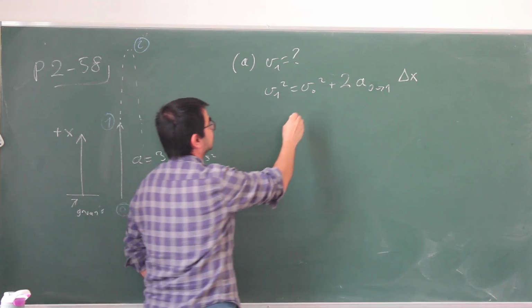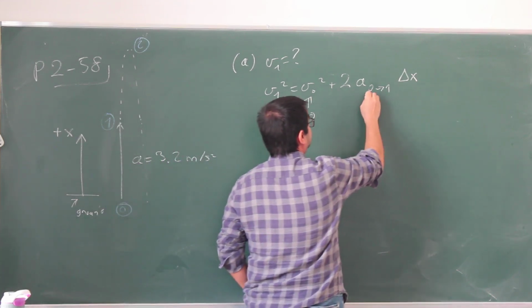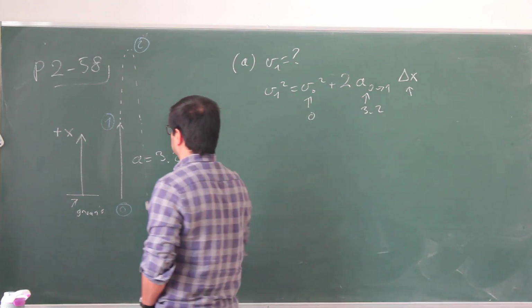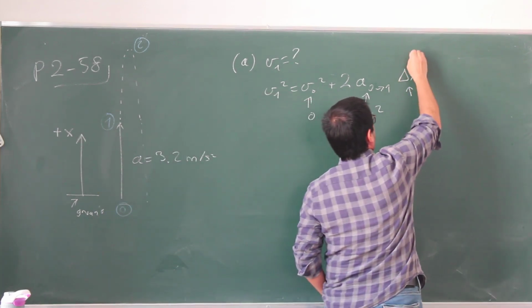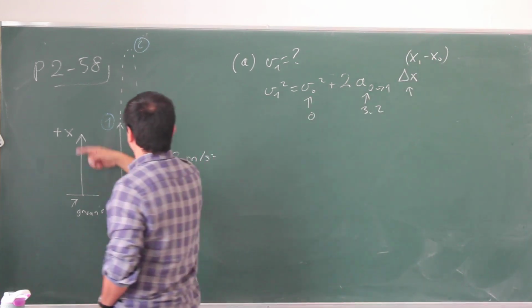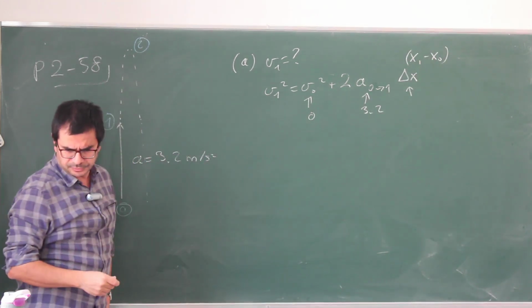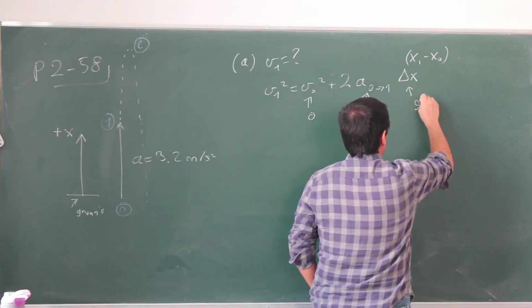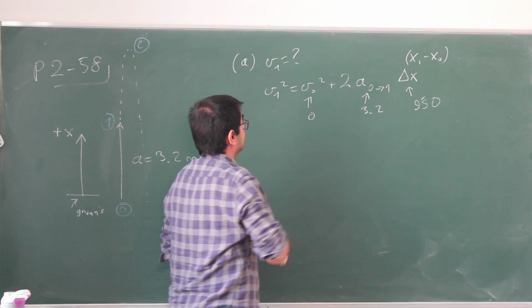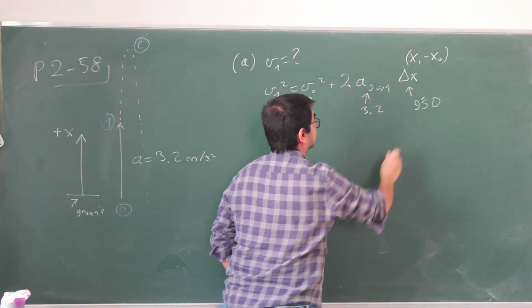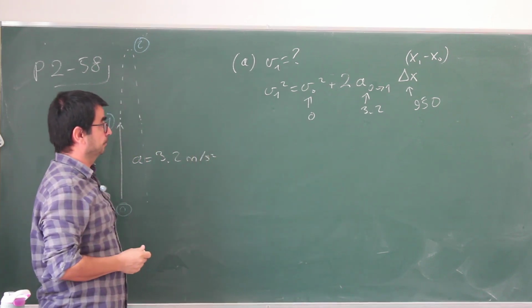So x0 is 0, I start at 0, this acceleration is 3.2, this one is given. That is, if you realize, x1 minus x0, the delta x, and that one is going to be 950. Yes, 950 meters. And so I can actually calculate v1 squared.